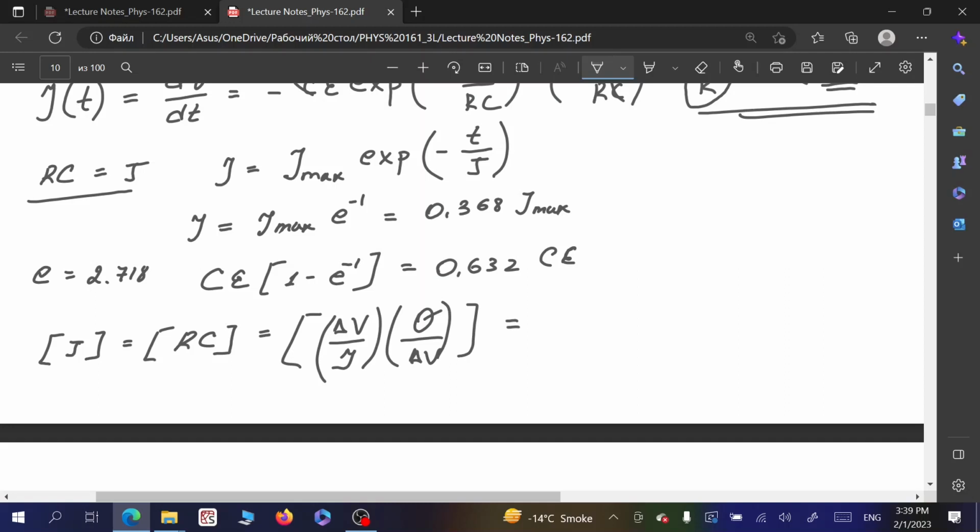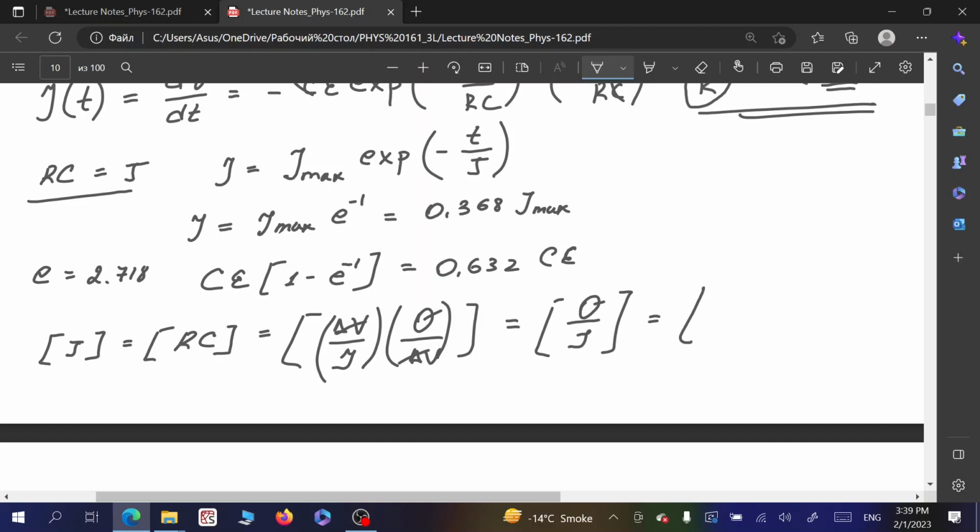So what we have here, we cancel out this potential difference. So we have charge and current in the denominator. How can we represent current? It's charge over time interval.